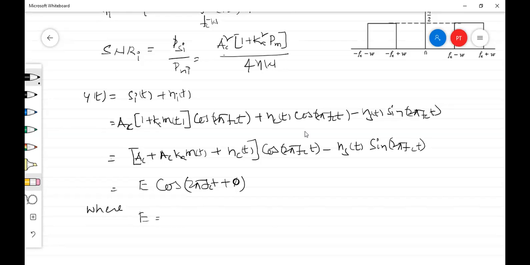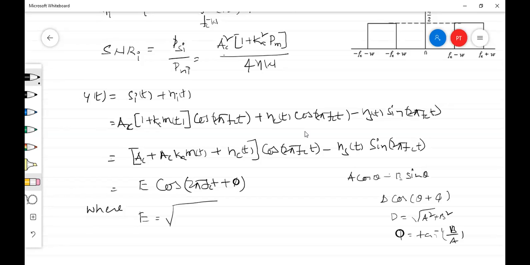For example, A cos theta plus B sin theta can be simply written as D cos theta plus some phi, where D equals square root of A square plus B square and phi equals tan inverse of B by A.